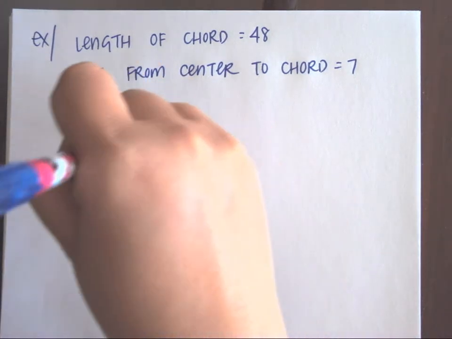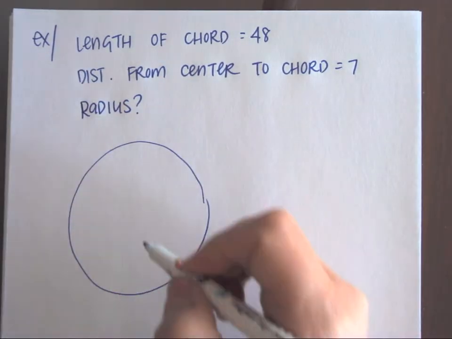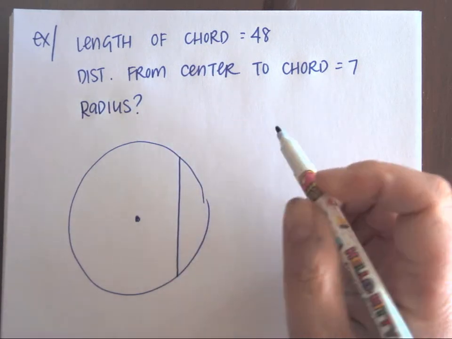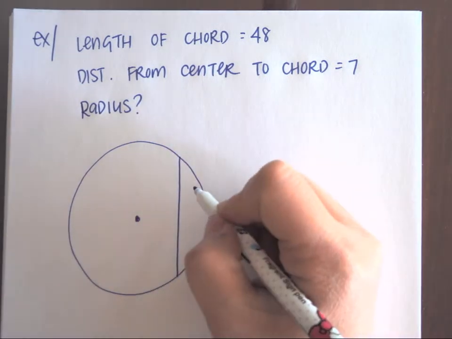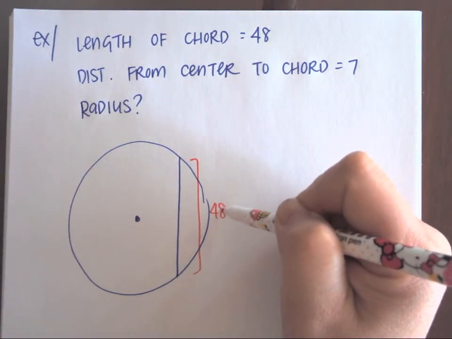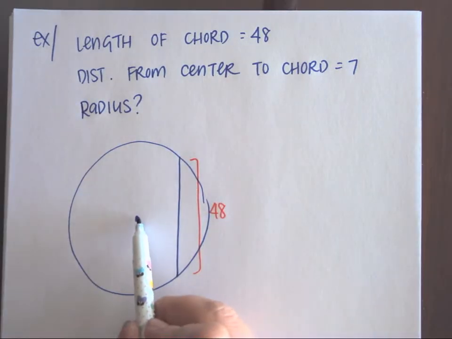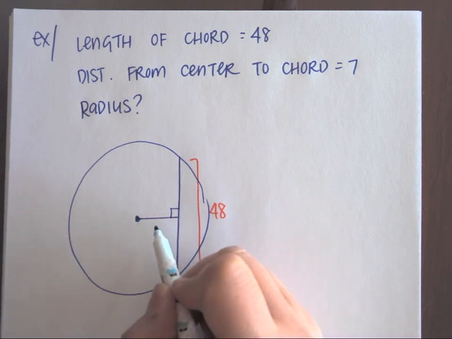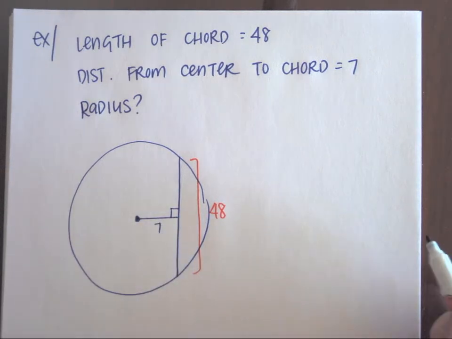Okay, so I'm going to draw the circle. And draw the chord. The length of the chord is 48. So this is 48. The distance from the center to the chord, distance is a right angle, is 7.